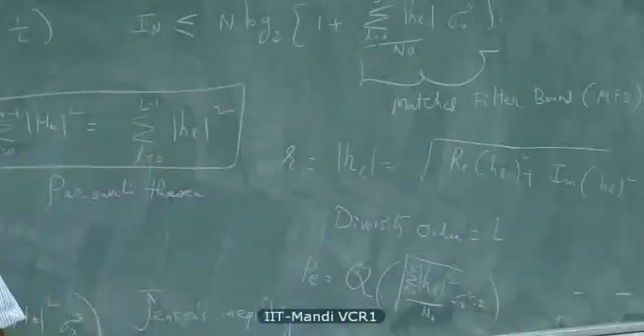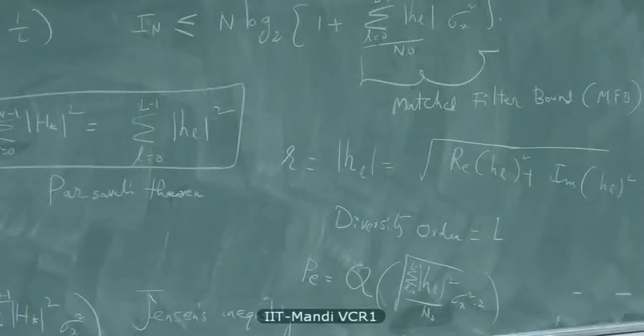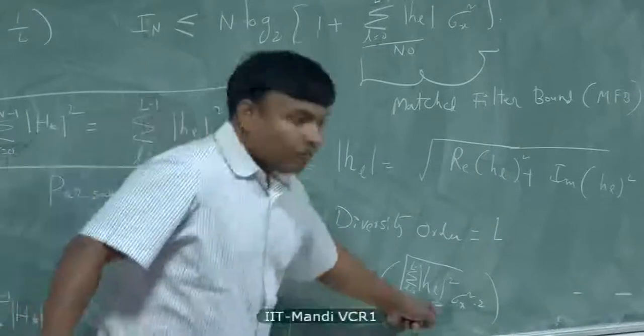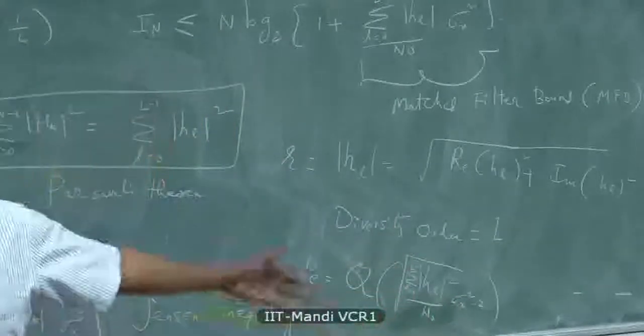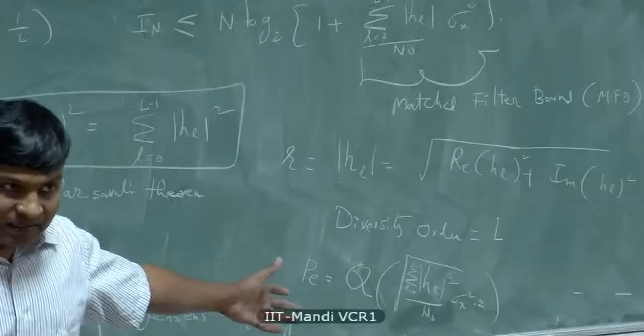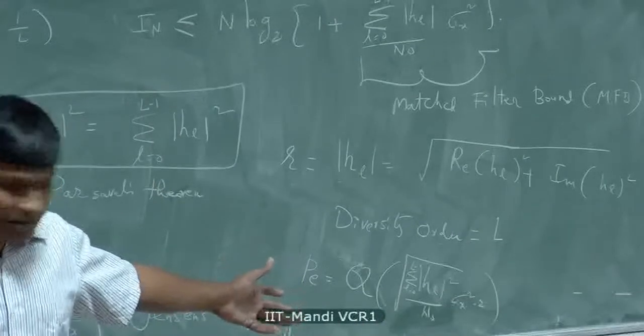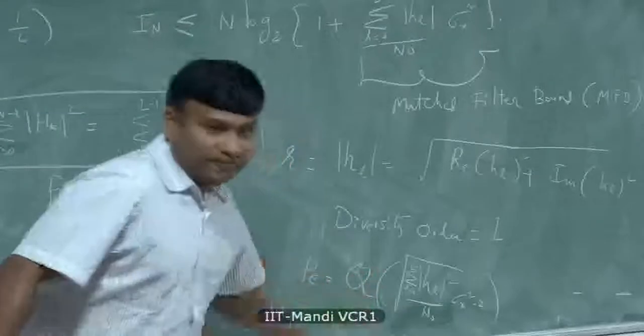This is the probability of error associated with the matched filter bound receiver. There exists a hypothetical receiver that gives you a probability of error given by this expression. Okay?